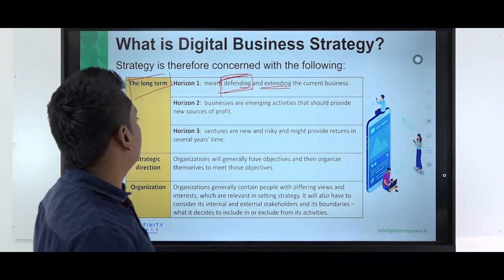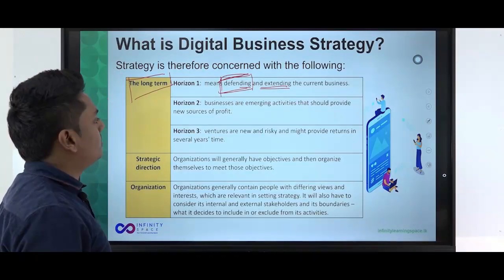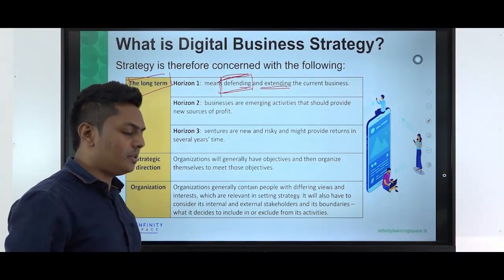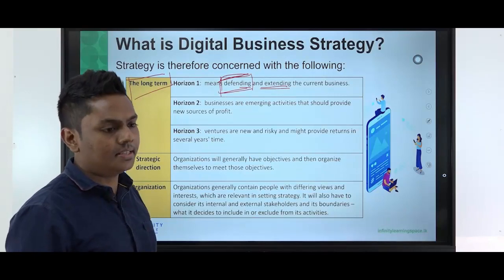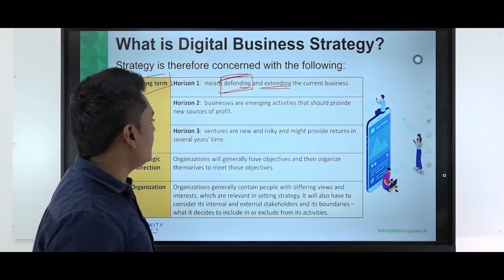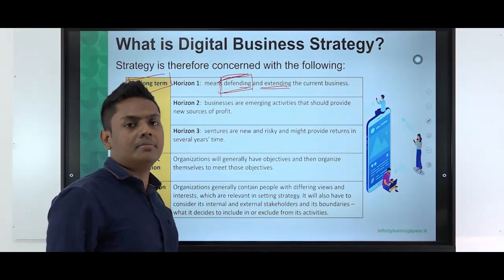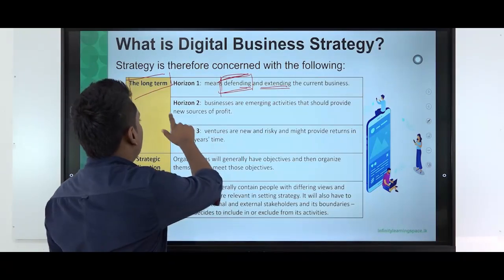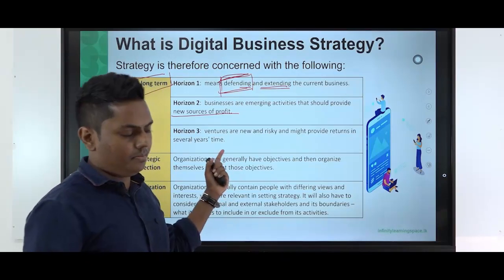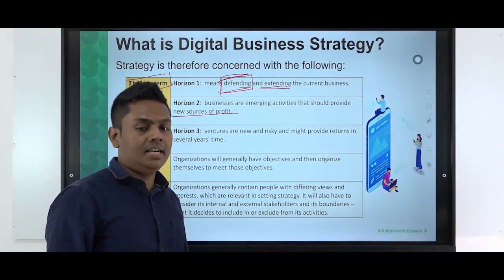Now, in the long term, horizon 2 is talking about new sources of profit. If you are spending a lot of time on planning these things, as I said before, there has to be some reason why the management has to do this. That is the focus toward new sources of profit. Now I'm coming back to the previous example that I talked about, ERP.